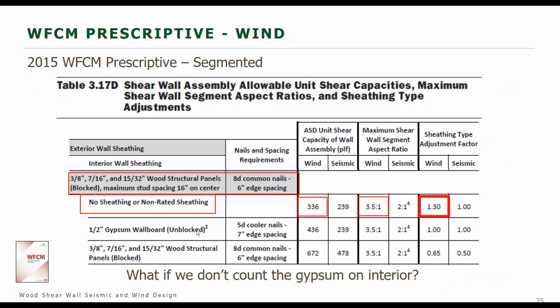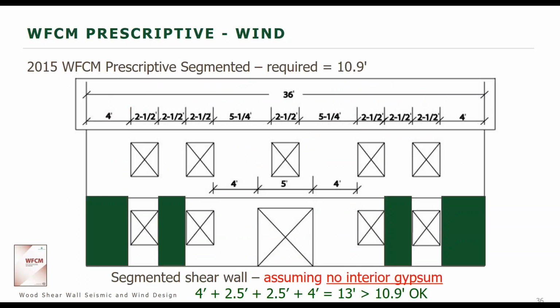So if we aren't going to count the contribution of the gypsum, we would go to this first row under this heading where we have no sheathing or non-rated sheathing, and you see this sheathing type adjustment factor, this 1.3. So we're going to multiply that by our 8.4 feet, and we see that we need 10.9 feet if we're not counting the gypsum interior.